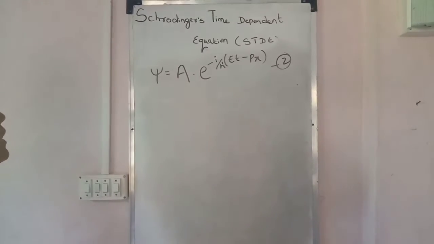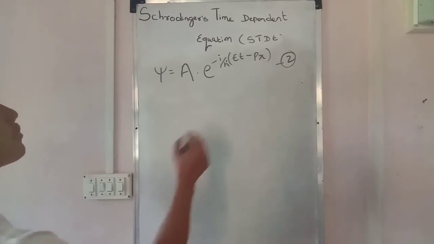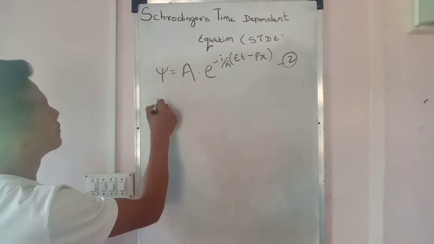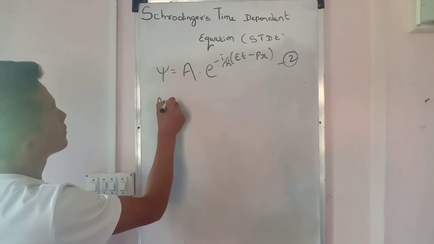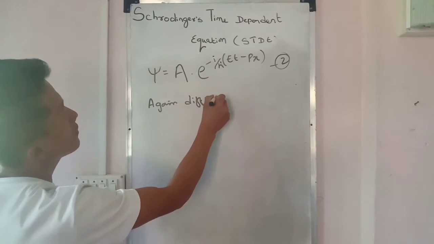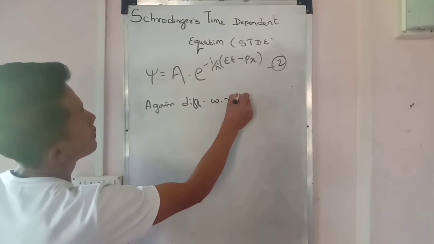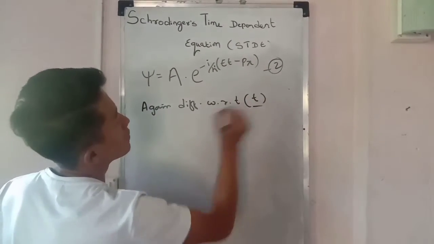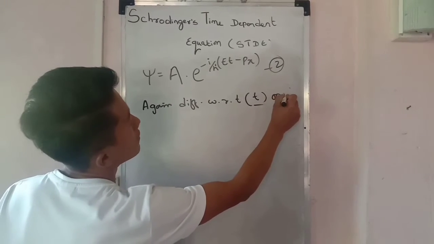Again we have to differentiate equation 2, but with respect to t, only once.